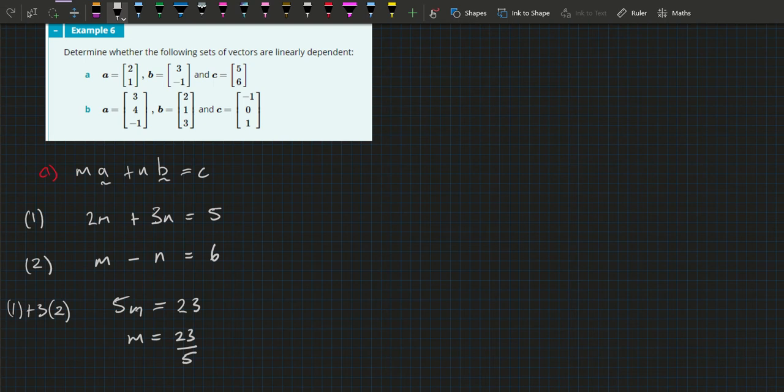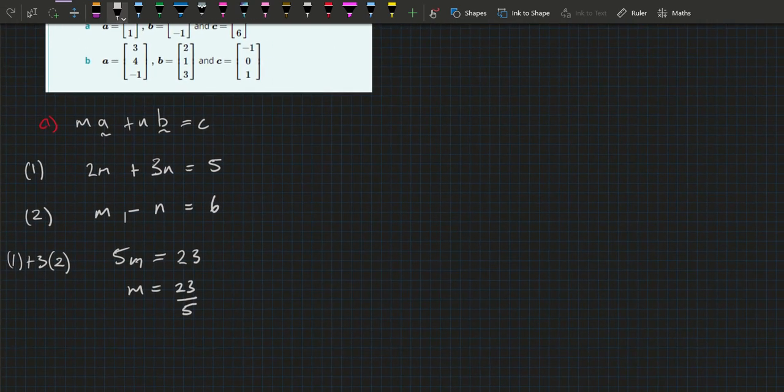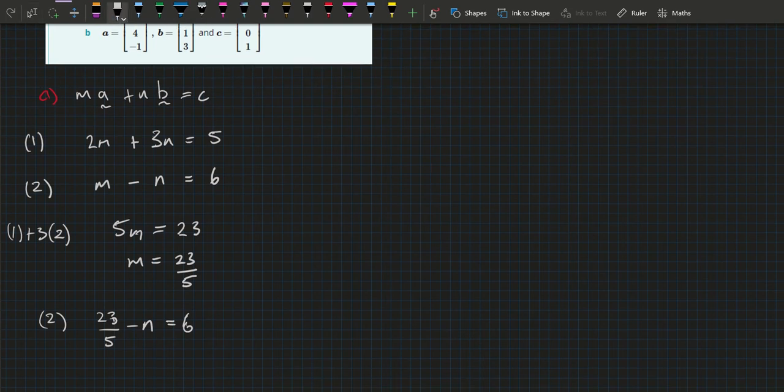And to sub it back into 2, let's sub it back into 2. So 23 on 5 minus n equals 6. And that makes, so that's 30 on 5, take away 23, 7 on 5.